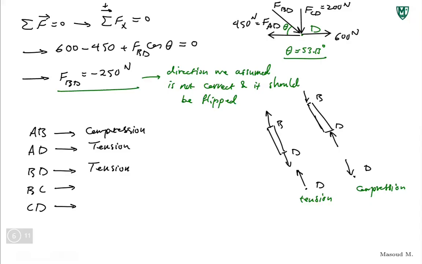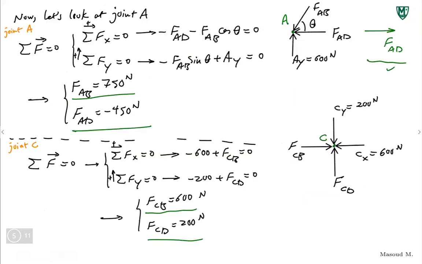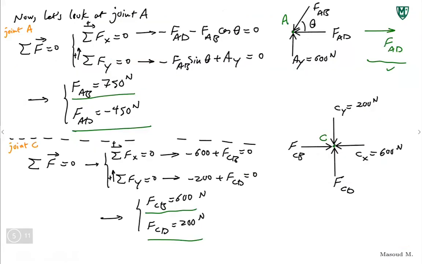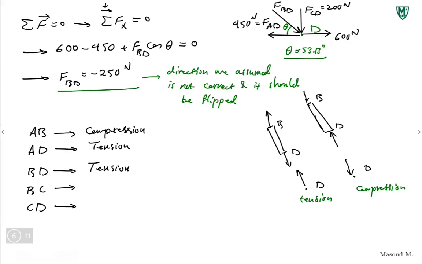BC, I have to look at BC. Do we have it here? No, I have to look at BC. BC ended up being in compression. And eventually CD ended up being in tension. So use that for reference.